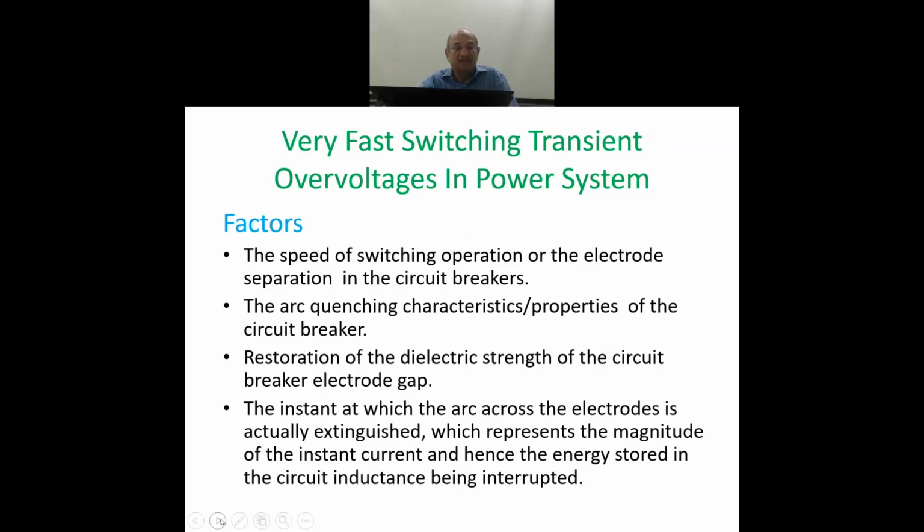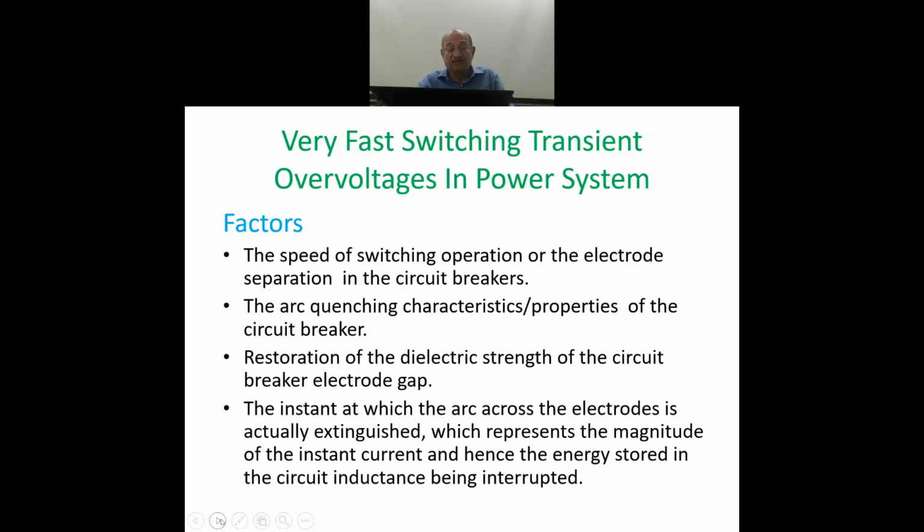So if the dielectric strength is not very strong, the current may reignite. As you can read it here, the speed of switching operation or the electrode separation in the circuit breakers, these are the factors which determine this, and if the arc quenching characteristic or properties of the circuit breaker is not adequate, it is weak, the arc is not able to be quenched, so it reignites.